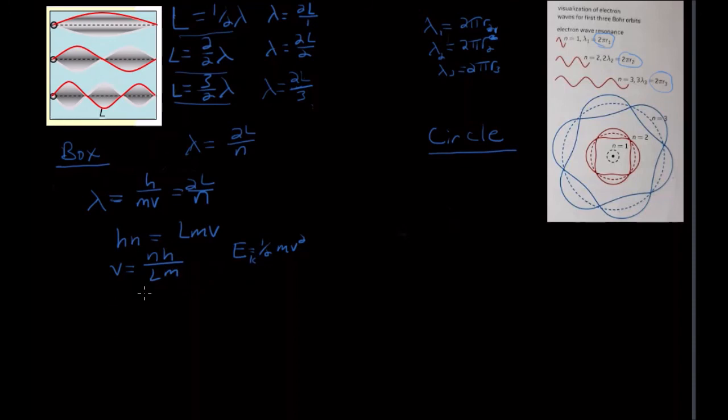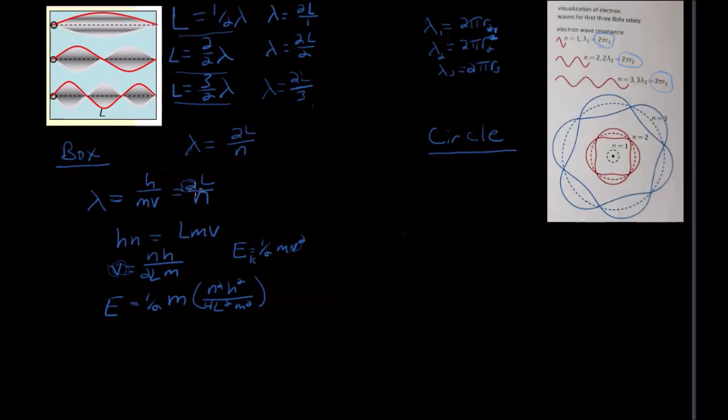So when I substitute velocity in, I get 1/2 m times n squared h squared over L squared m squared, right? Did I get this right? Oh, I forgot the 2 in here. That's what I was forgetting. So it's 2Lm. So it's 4 L squared m squared. So there was a 2 here that I did not put in.